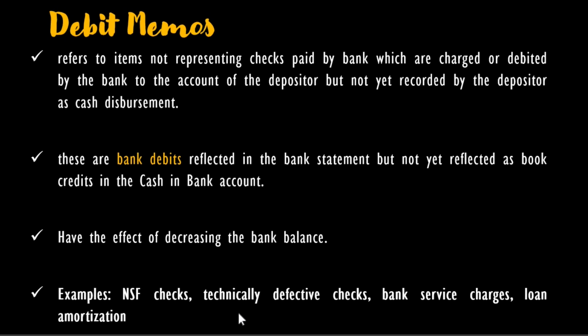For example, the amount in words and the amount in figures do not reconcile. The amount in words says 10,000, but the figures say only 1,000. Since they did not reconcile and the teller did not notice it right away, the teller accepted the check, so it was reflected in the bank account. But after checking, it is technically defective, so of course the bank cannot accept that, because the check is defective. So the bank will just debit it again to the depositor's account.